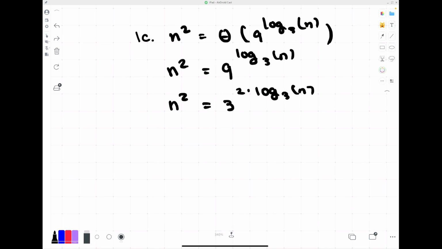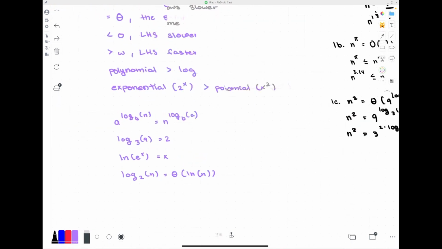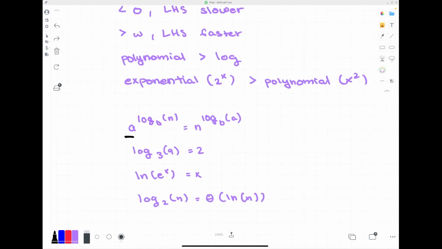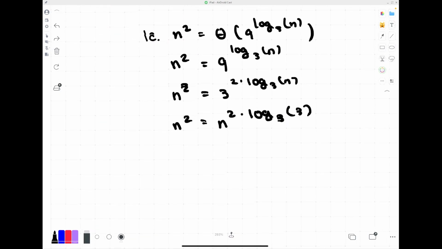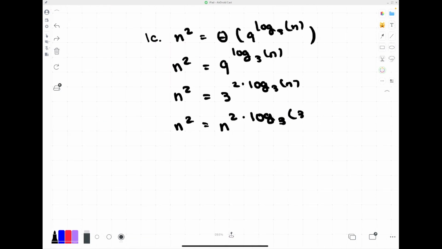And then in one of our log definitions here, we can basically swap this number with this number. So n squared is equal to n squared times log 3 here. And if you plug this part into a calculator, it's just going to equal 1. So it's going to be n squared equals n squared times 1, which is just n squared is equal to n squared.